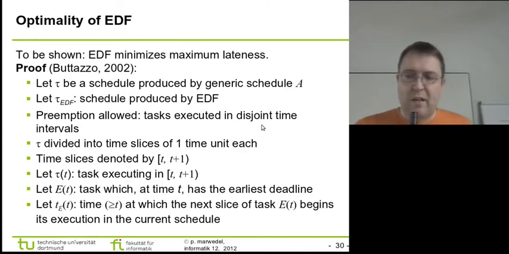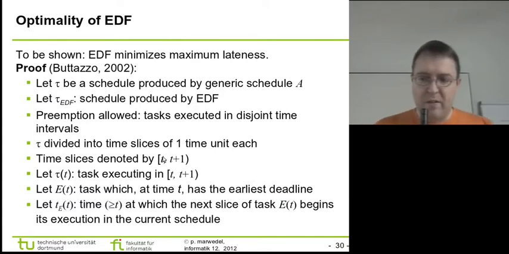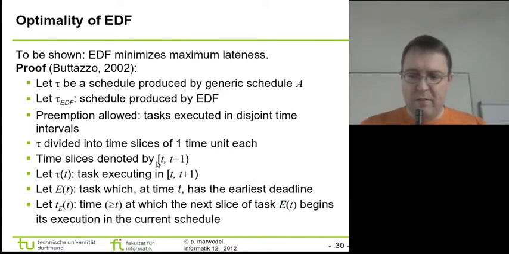Now the schedule tau is divided in time slices of one time unit each, and we denote the time slices by an interval which is inclusive of t and exclusive of t plus 1. Now we define tau of t to be the task executing in that interval, starting at point in time t and extending until just before t plus 1.